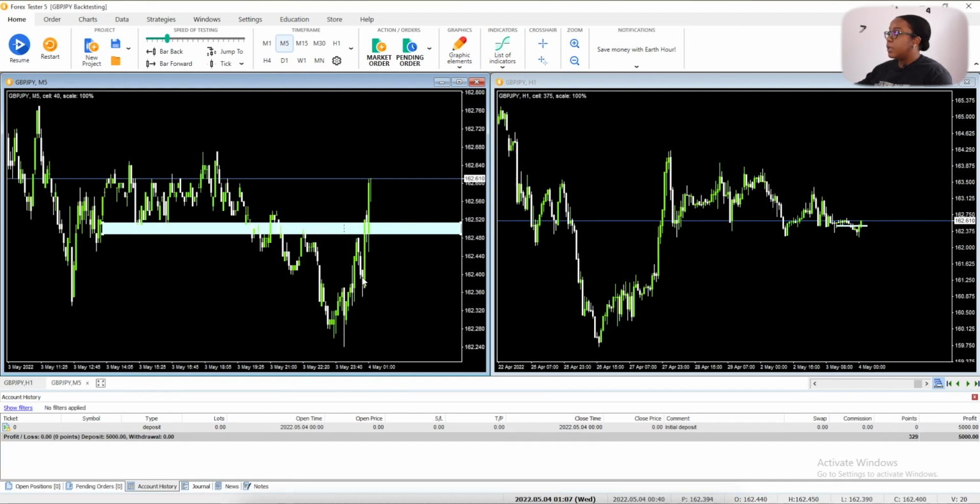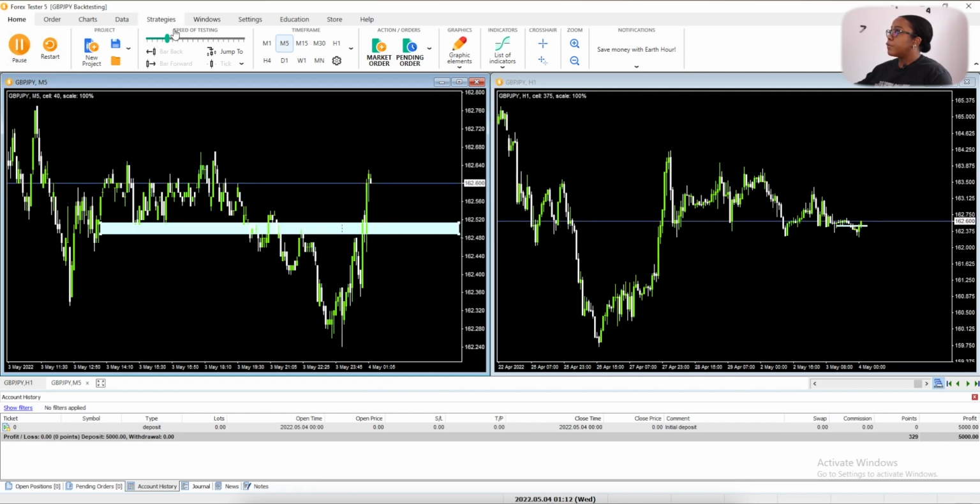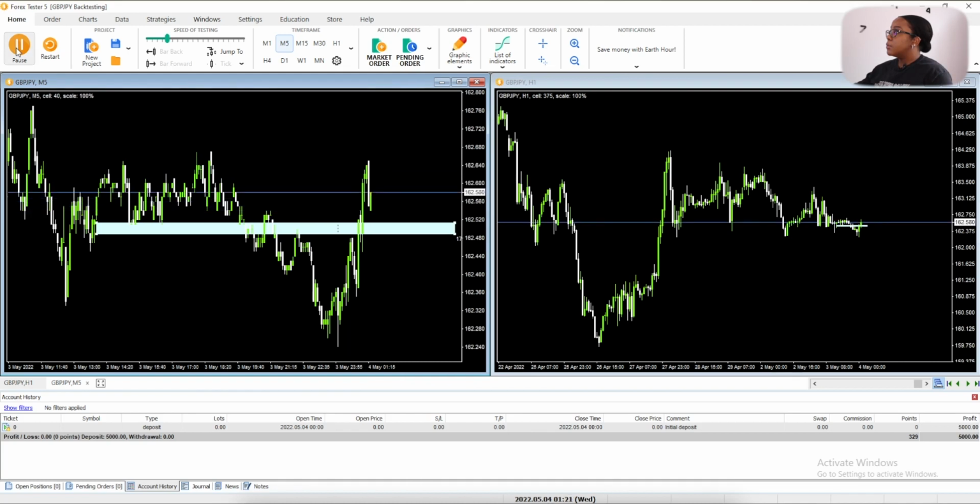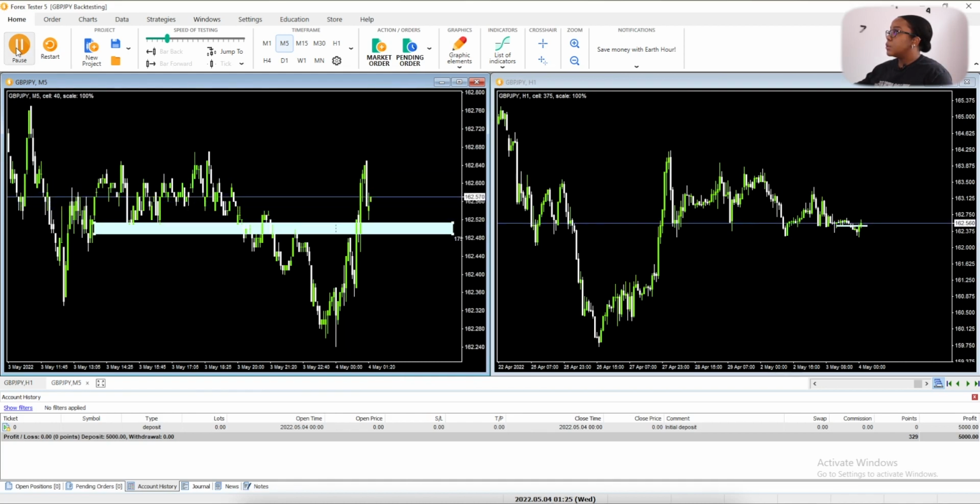But as you can see now, during pre-London on May 4th, price completely broke above, with a lot of volume. So let's see what happens there. I want to see.